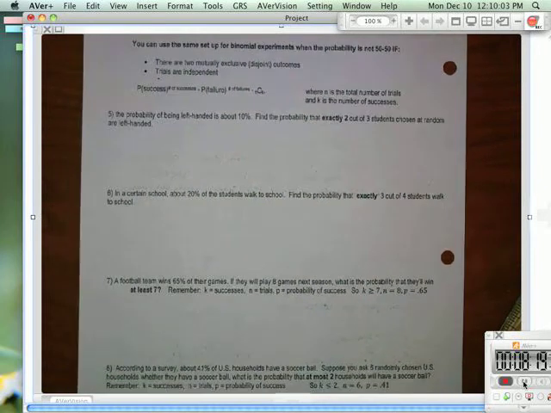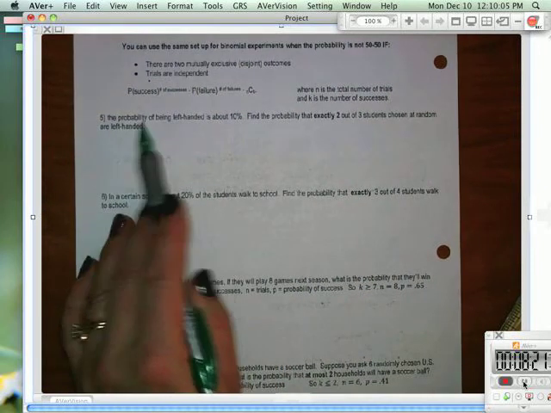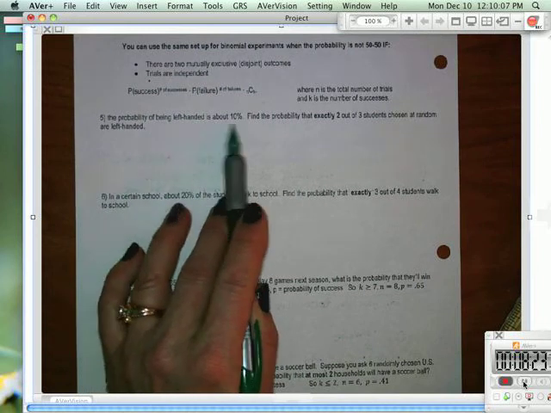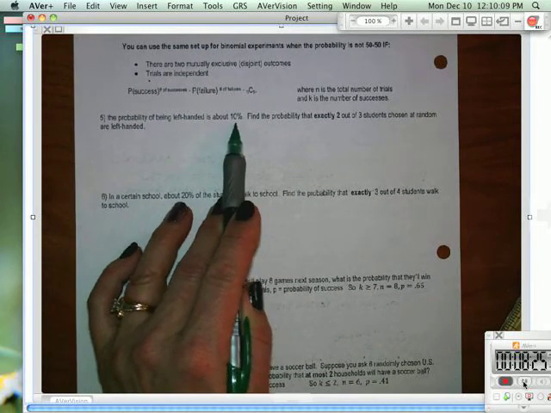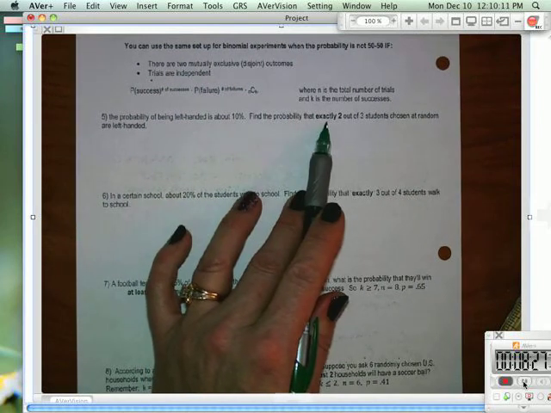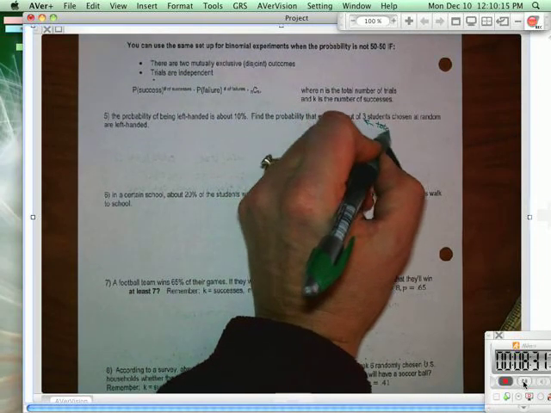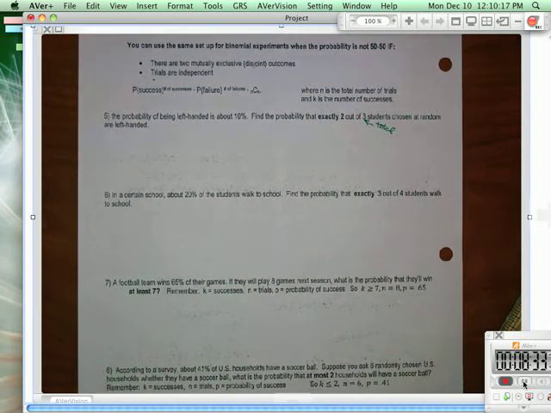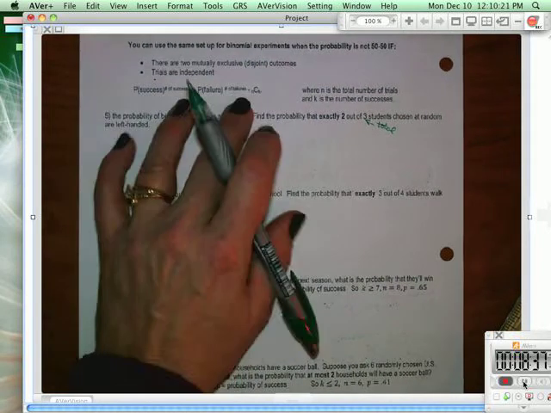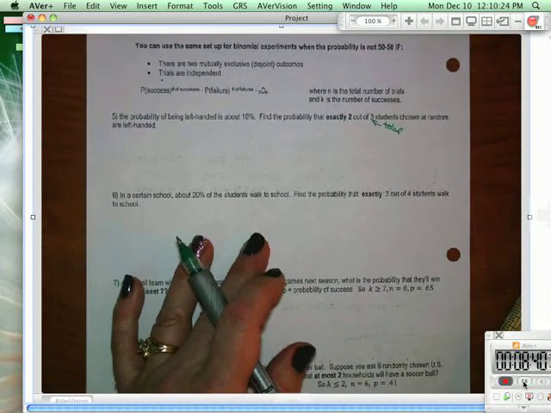So here, this is not going to be a 50-50 chance. It says the probability of being left-handed is only 10%. Find the probability that exactly 2 out of 3 students, so this is my total, chosen at random, are left-handed. Well, if I use this equation again, instead of conducting an experiment, I'm just going to use this equation to find this chance.